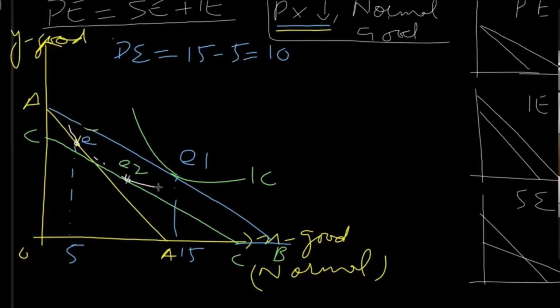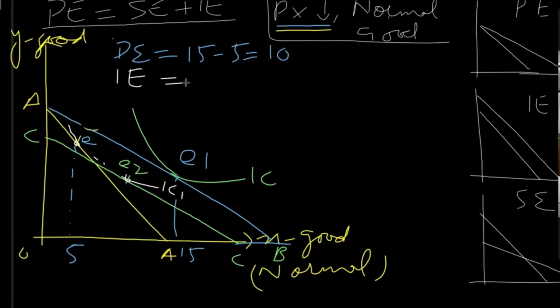So this is IC, this is IC1, let's say, and we know that when lines are pivotal, they show price effect, and we have calculated it. When lines are parallel to each other, they show income effect. And in this graph, we can find out income effect by finding two parallel lines. One line is AB, and the other line is CC.